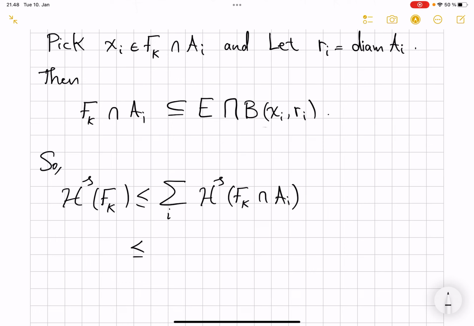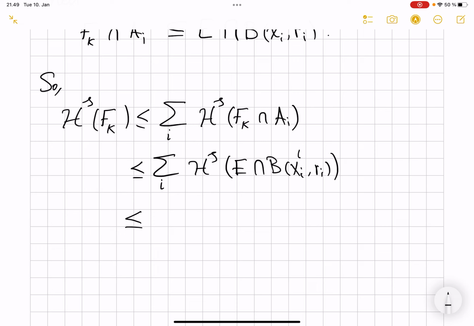Remember, we haven't even assumed that E or Fk are measurable or not. But now, if we have a subset, then the measure goes only up. So this is E intersection with B(xi, ri). But guess what?